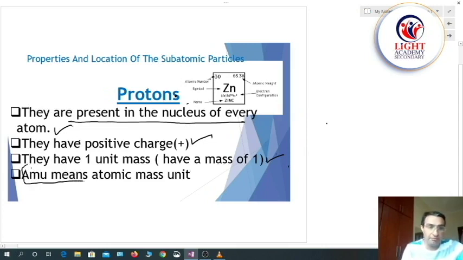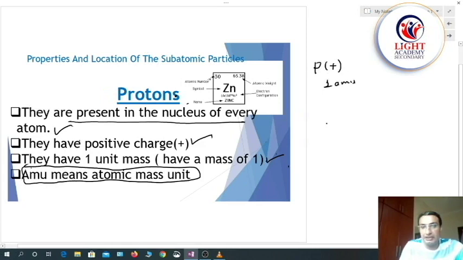It is atomic mass unit. So what we understand simply about protons, first of all, protons have positive charges, okay, they have 1 atomic mass unit, okay, they are present in the nucleus.